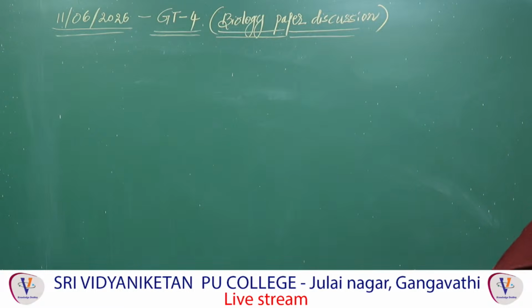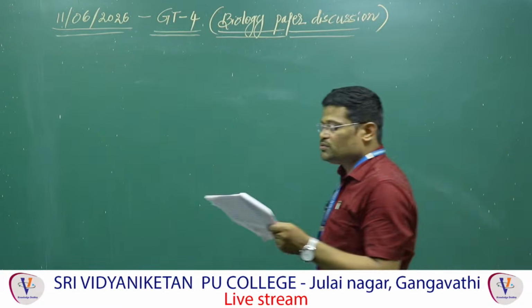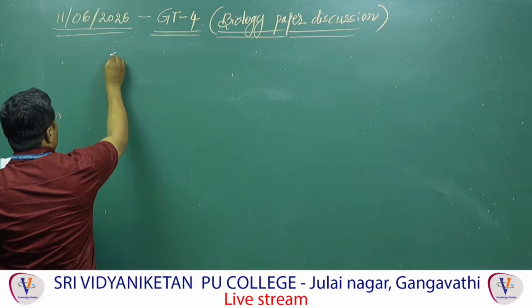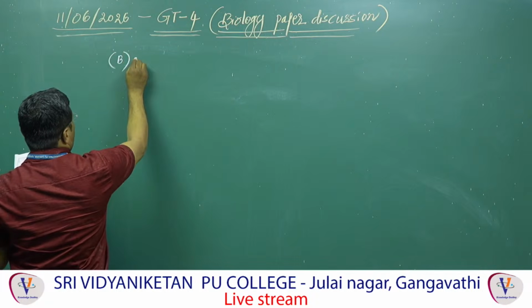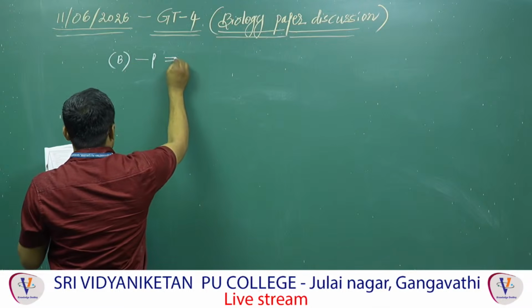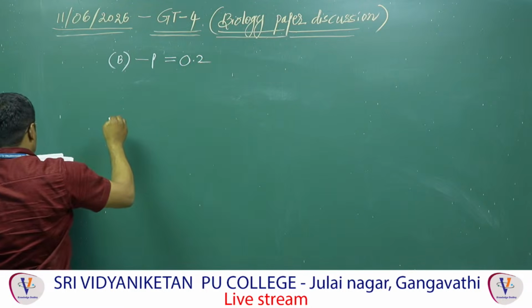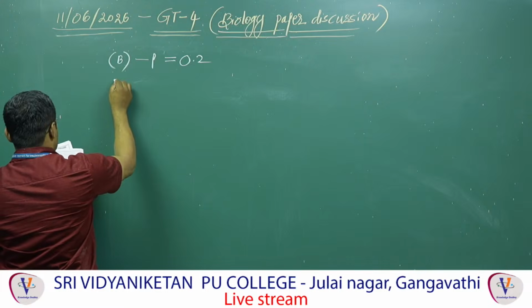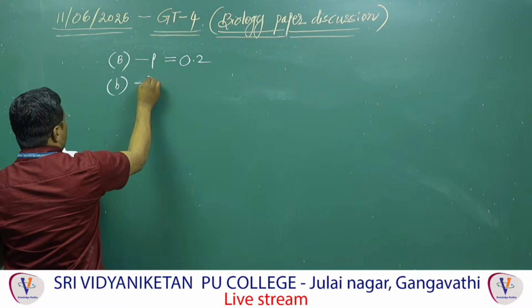See, Amma, as per the given question, the frequency of dominant allele is represented as P. So P is 0.2. The frequency of recessive allele, small b, they didn't mention.